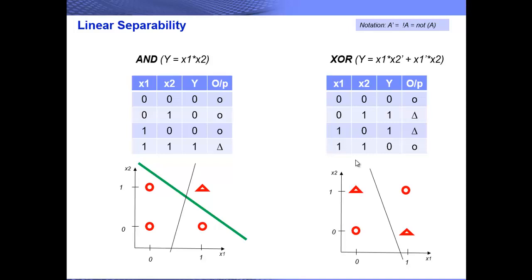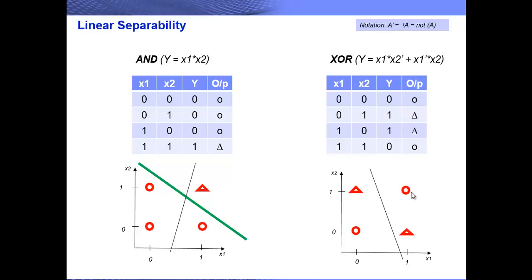Let us be very careful while considering these outputs. 0 and 0, that is this position, and the output is a circle. 0 and 1, this is the position, and the output is a triangle. 1 on x1 and 0 on x2, so here this position we will get, and this is again a triangle. The next combination is 1 and 1, so here it will intersect, and this is position 1 comma 1, and the output is 0, so this is a circle.